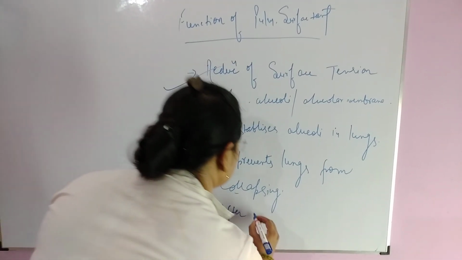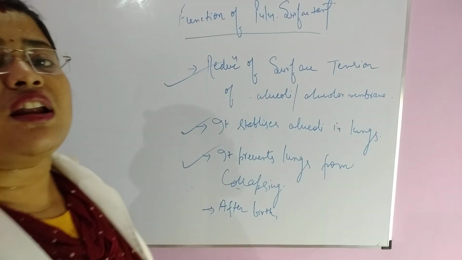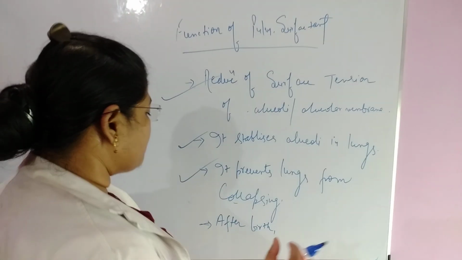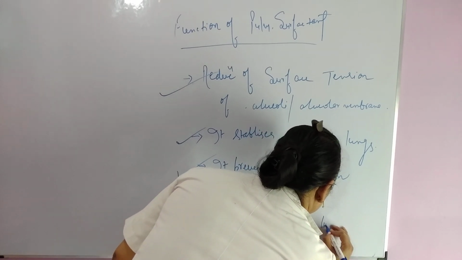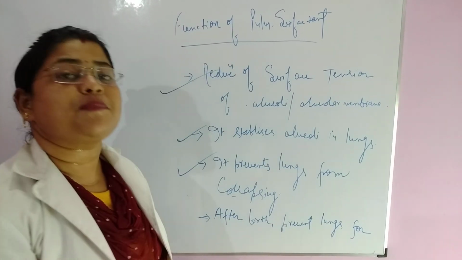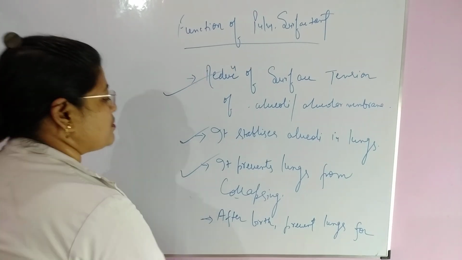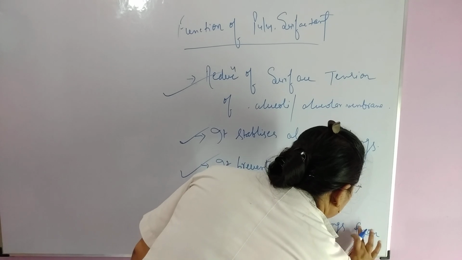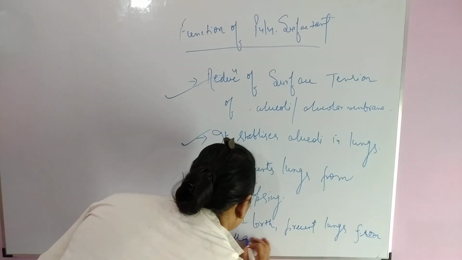So after birth, pulmonary surfactant prevents lungs from recurrent or frequent collapsing, because there is more chance of collapse in neonates. So it prevents lungs from collapsing in neonates.